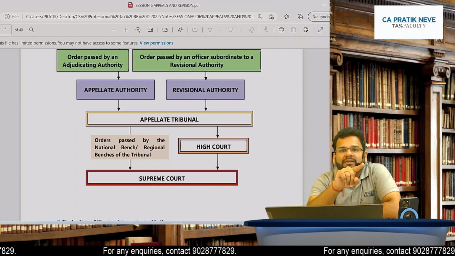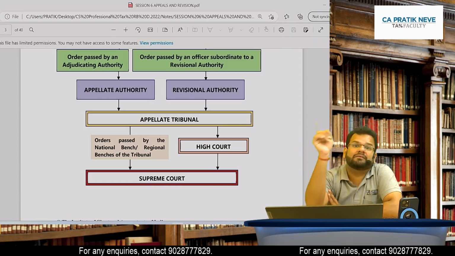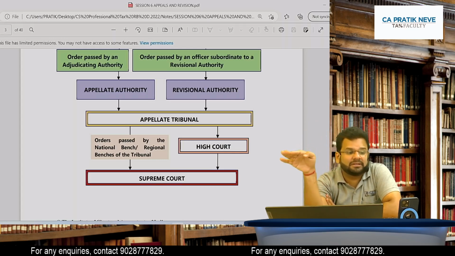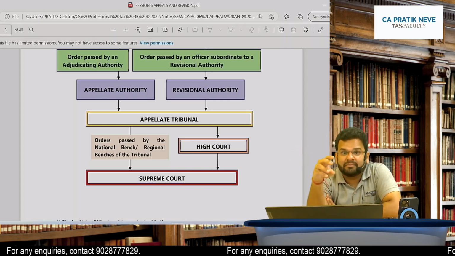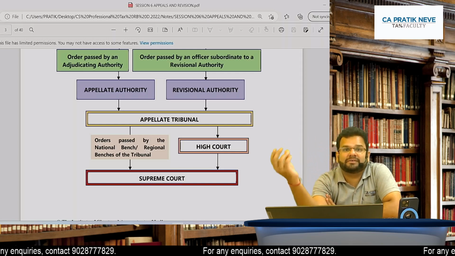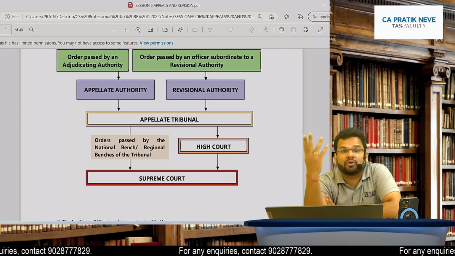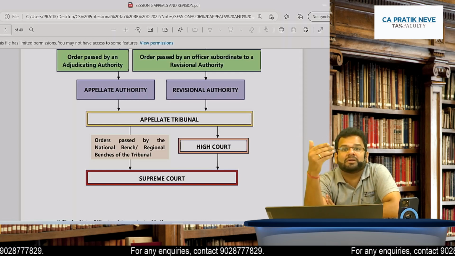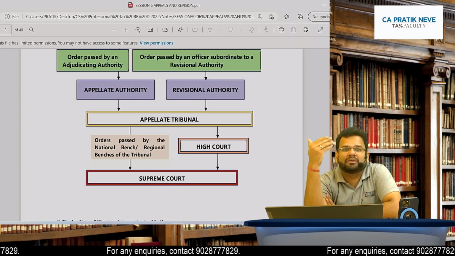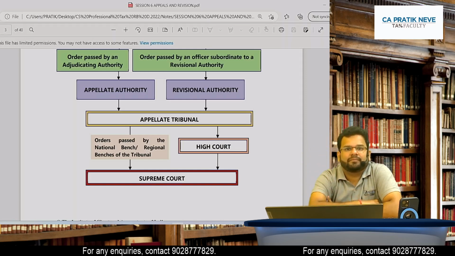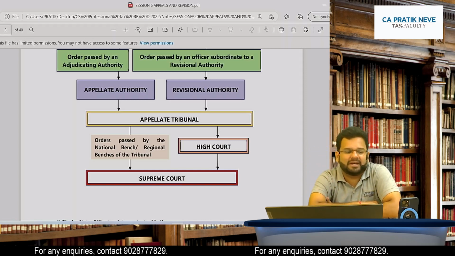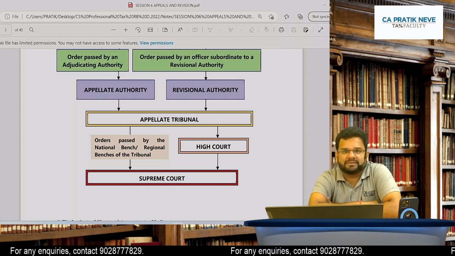If not happy with that, appellate tribunal. If not happy with that, the mechanism under GST ends, but there are some constitutional rights. You can go to the High Court, and if you are not happy with the decision of the High Court, then you can go to the Honorable Supreme Court. Agreed on the hierarchy? All of you? Did you understand the hierarchy? Yes.